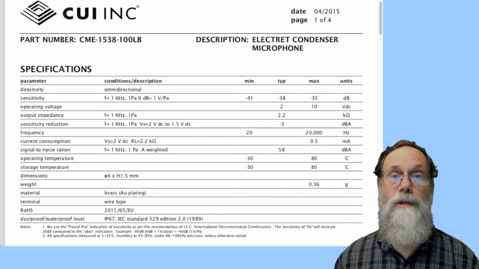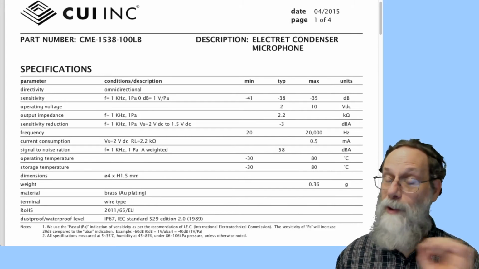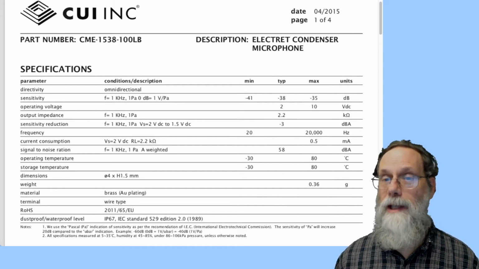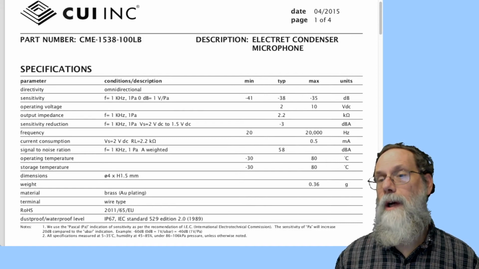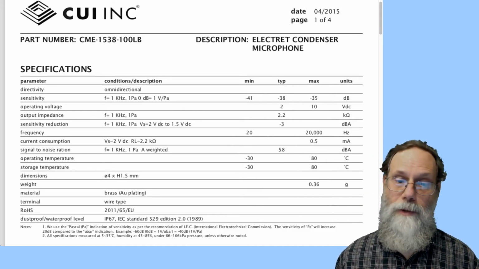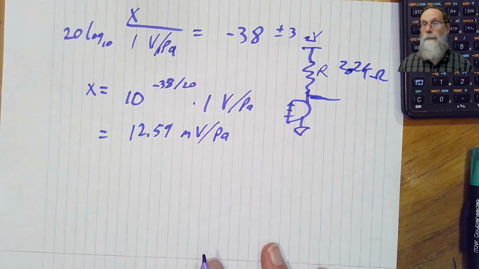Frequency range, current consumption. Again, they give the current consumption at 2 volts DC, and with a load resistor of 2.2 kiloohms. So we consistently see that they've done all their testing with a 2 volts power supply and 2.2 kiloohms. So we now know that we have this test circuit.